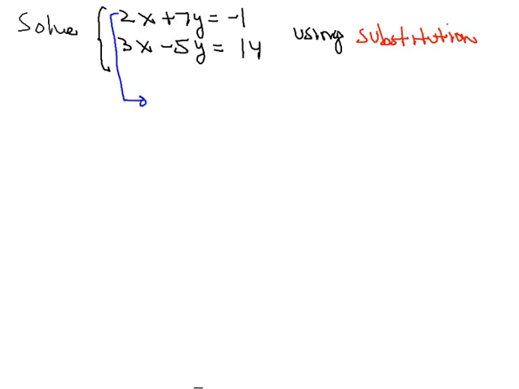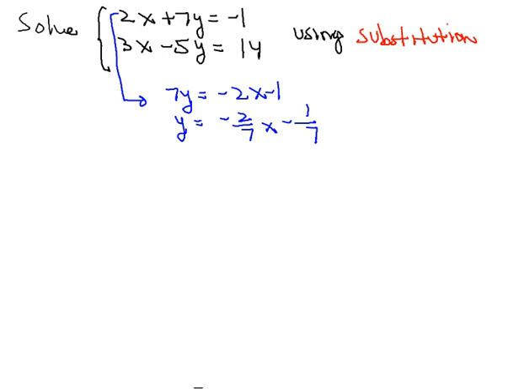So if we do that, we're going to have then 7y is equal to -2x minus 1, and dividing each side by 7 will end up with -2/7x minus 1/7. And what we'll do now then is substitute this expression for y in the second equation.